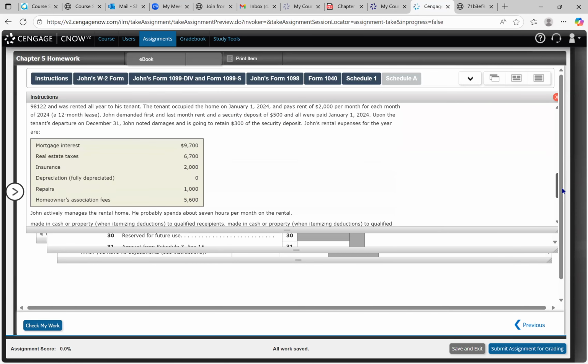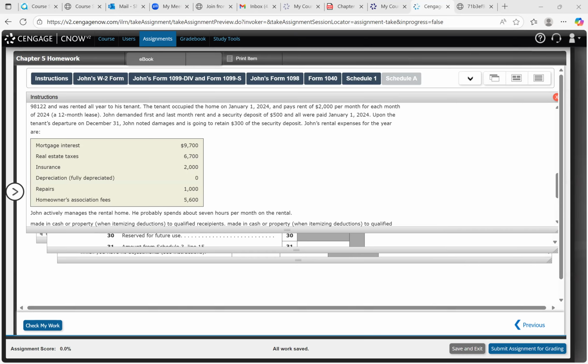The rental property has these various expenses. So we'll put in here the Schedule E, the mortgage interest, real estate taxes, insurance, repairs, and homeowners association fees. All of that will come in this form.